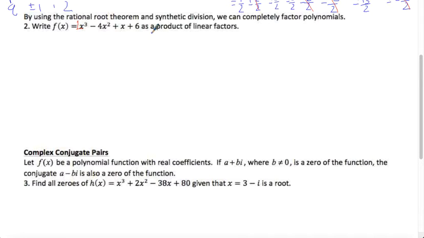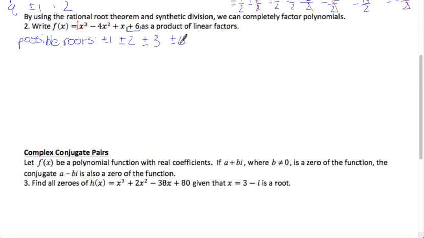So the possible rational roots are the factors of 6, which would be 1, 2, 3, and 6.